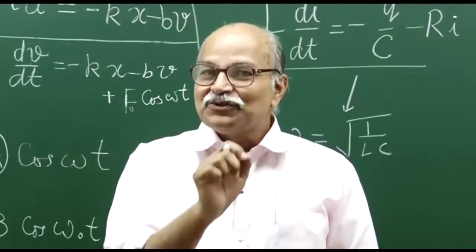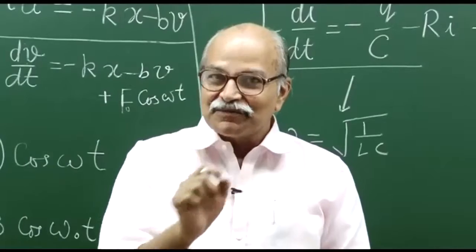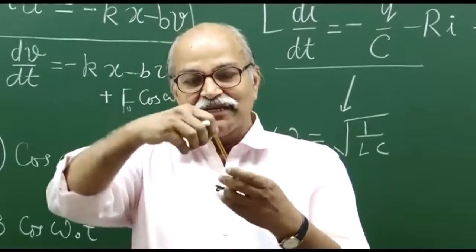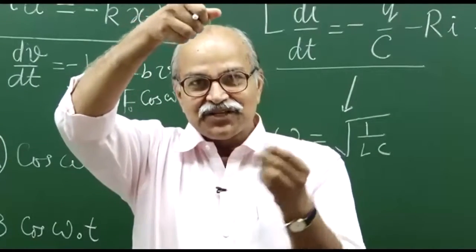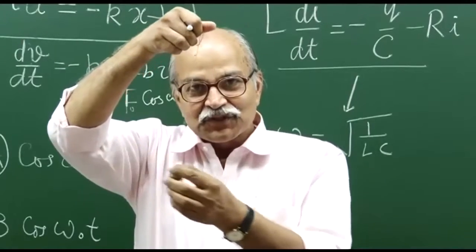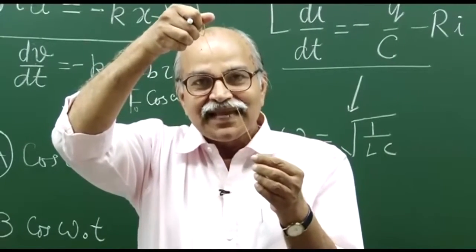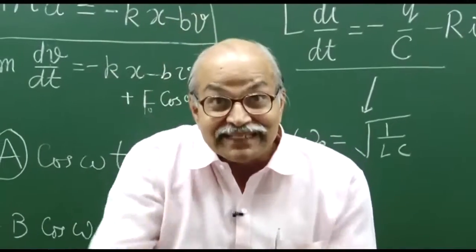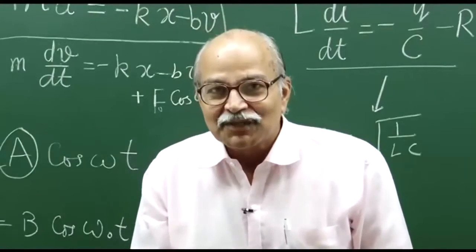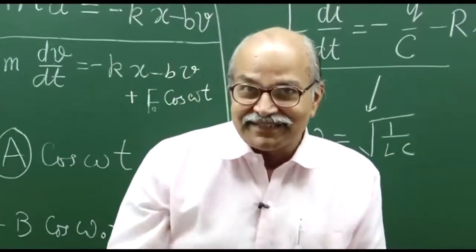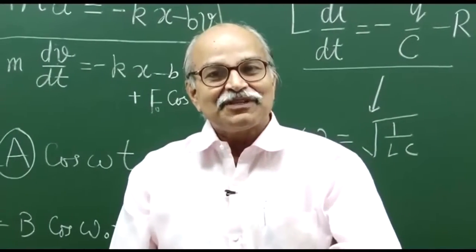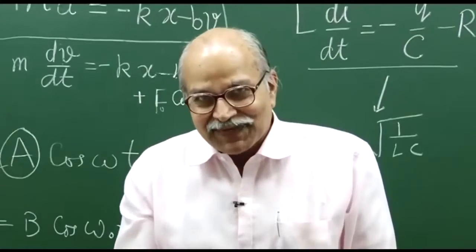You will have to do some angular motion revision. When you have a pendulum and the bob oscillates, essentially it is the angle from the vertical that changes. So, you have angular displacement, and then you will have angular velocity. If you call the displacement theta, then the angular velocity will be d theta dt, the rate of change of theta, and the rate of change of angular velocity will be d2 theta dt square.